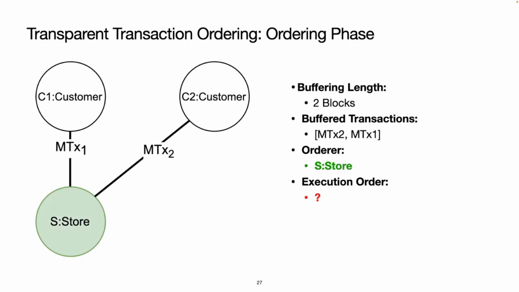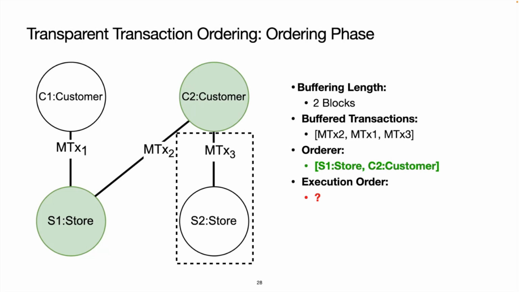And what we chose is to choose the intermediate node. So here we chose the store as the intermediate node, which will be responsible for ordering the transactions. Of course, there could be multiple strategies to do that, but we thought of this as being the most neutral party to select the transactions, as there's no competition between the store and the customers, but the competition is between the customers themselves.